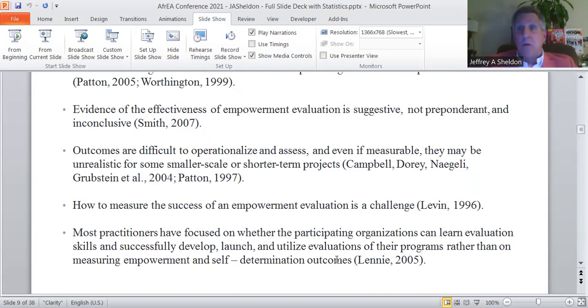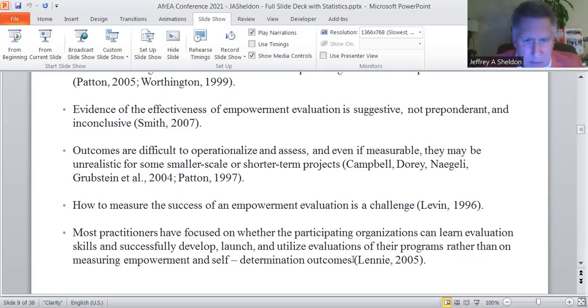Okay. Can you give people empowerment scales and self-determination scales? Because they are out there, that is for sure. But do you give them these scales at the beginning of the evaluation, in a repeated measures style? How do you know when the beginning is, how do you know when you're in the middle, and how do you know when you're at the end?